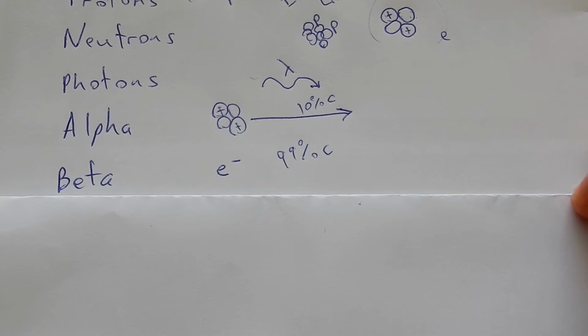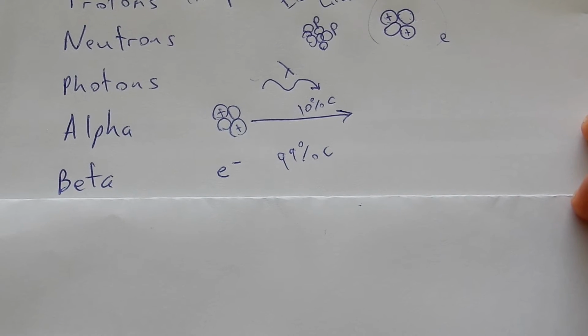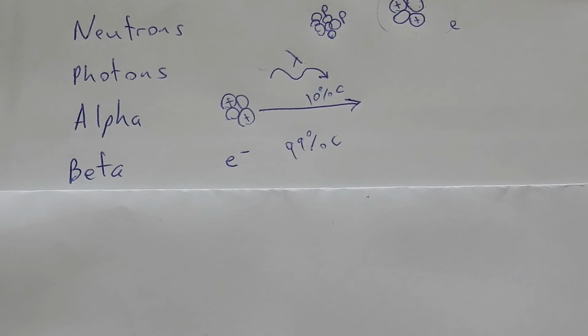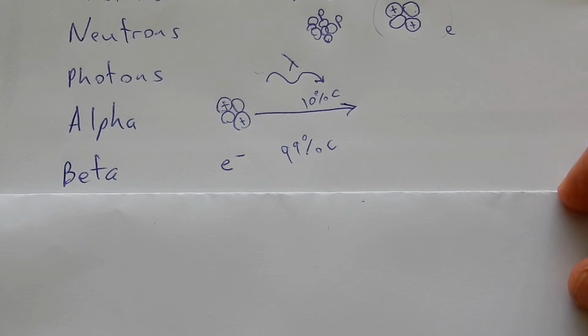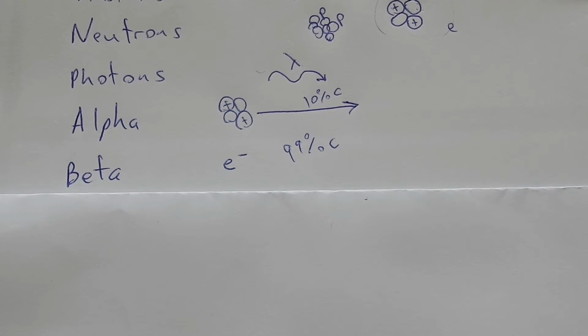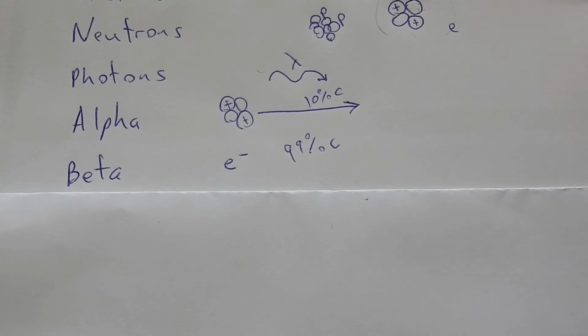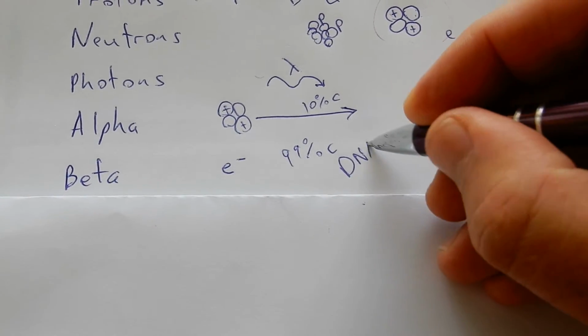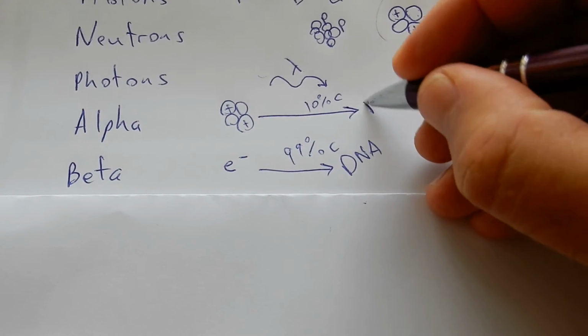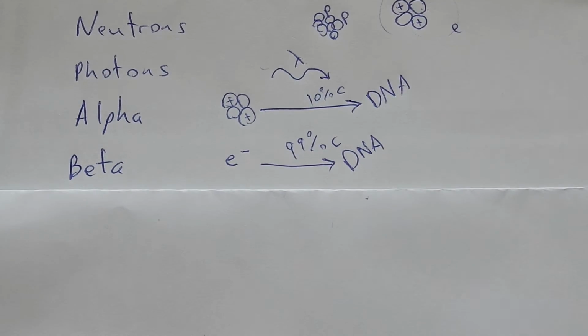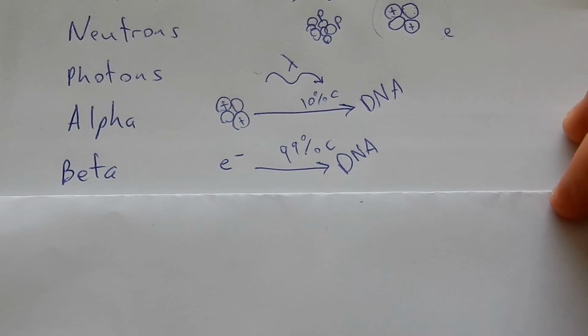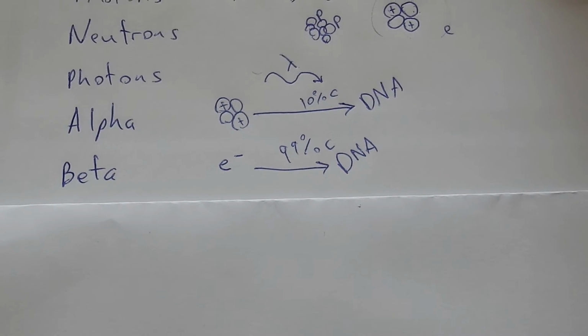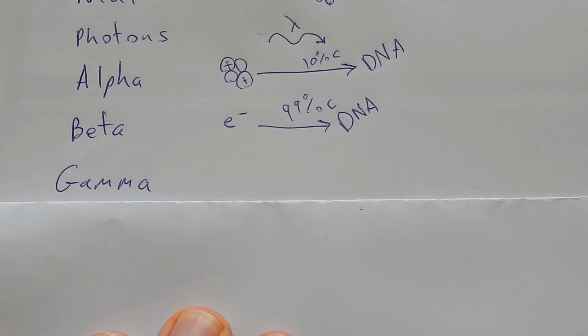So therefore, it doesn't do as much damage. But it does knock electrons off of molecules and atoms, changing chemicals, giving you cancer. When they hit DNA, they can change the DNA and give you cancer, making your cells grow mad.